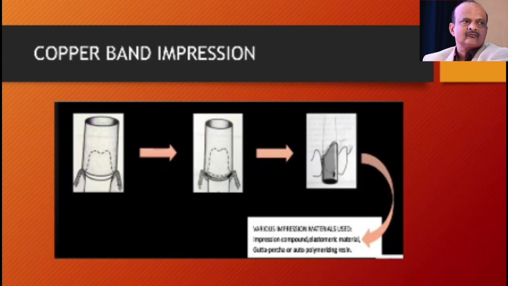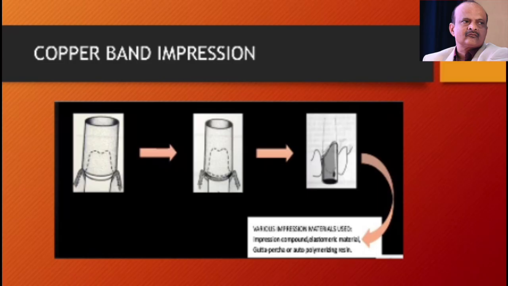The copper band impression technique is a quite older technique wherein we select the appropriate size copper band and adapt it around the tooth, and the cervical margin needs to be festooned, cut to fit the gingival crevice.